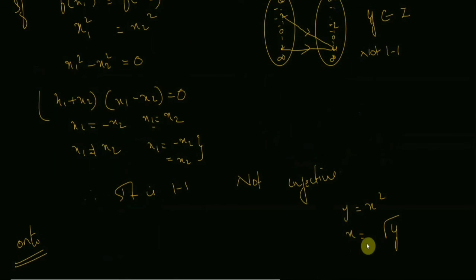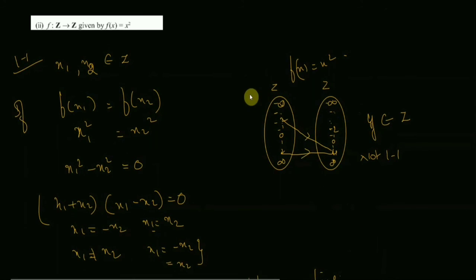You are taking this as x, this as y. If you take any y in Z, do you have root y here? For example, if I take y = −2, do you have root y here? No. Root of a negative number doesn't exist.